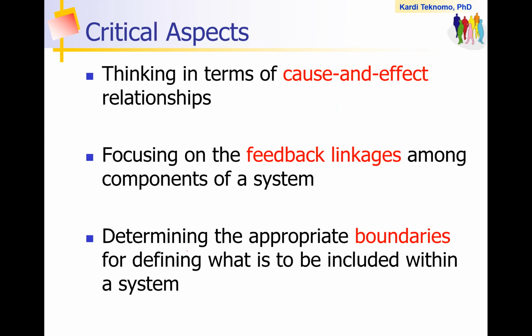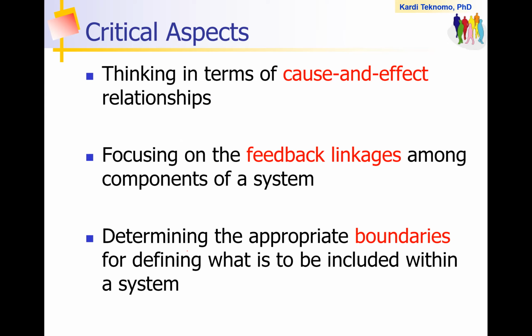The critical aspect here is you need to think in terms of cause and effect. It's not correlation, it's causation. Then you need to focus on the feedback linkages among these components of the system. It must be a closed loop. From there you determine the appropriate boundaries, defining what is to be included within your system.